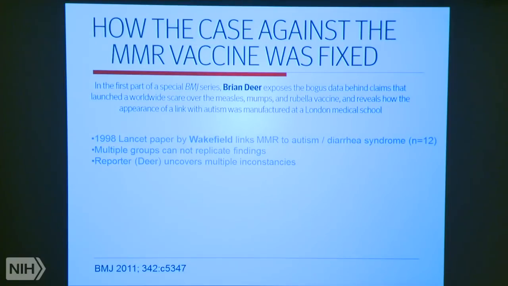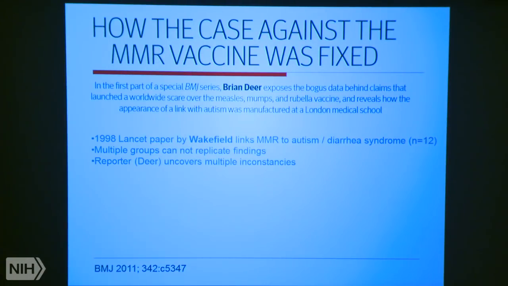Another very sad case is the case of the mumps, measles, and rubella vaccine. So we're going away from cancer now into the general patient population, and this affects mostly young children.